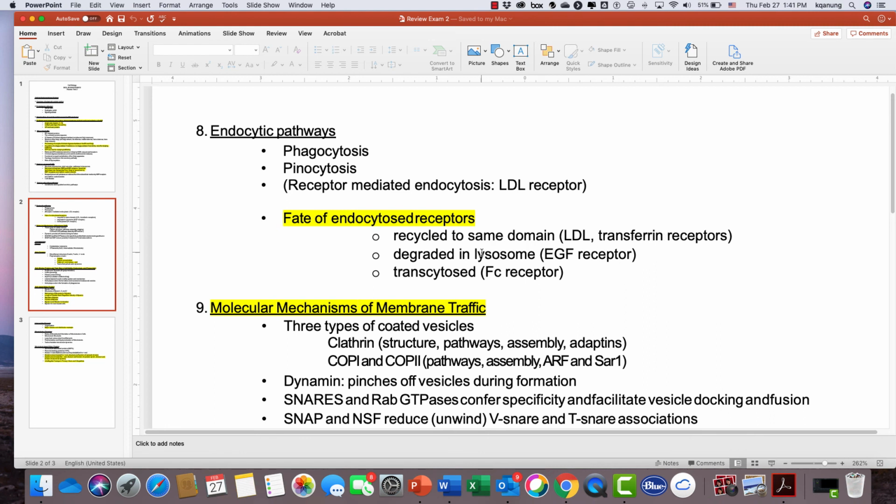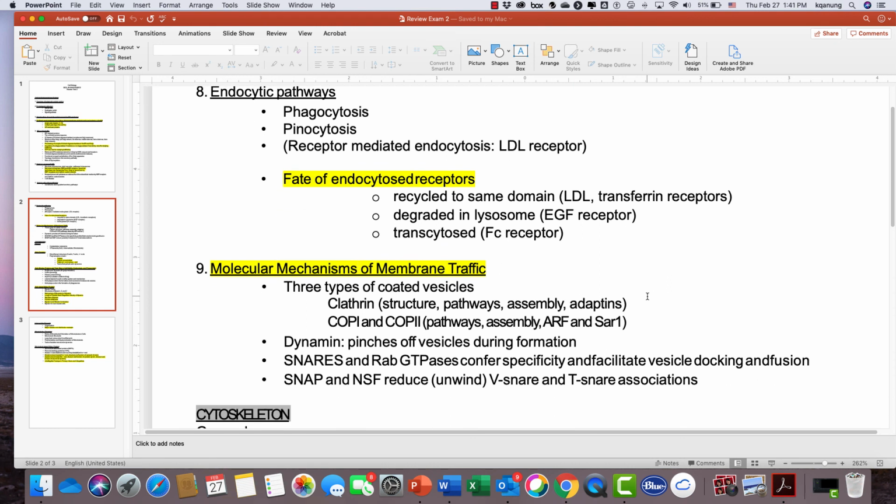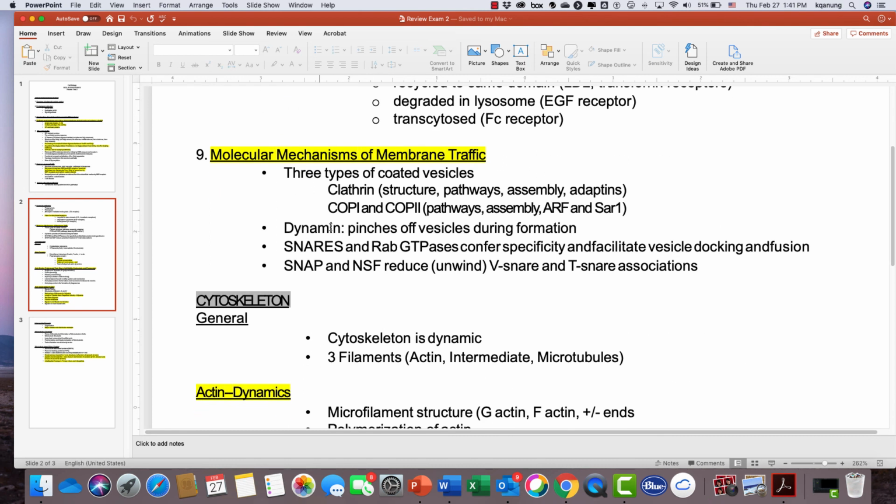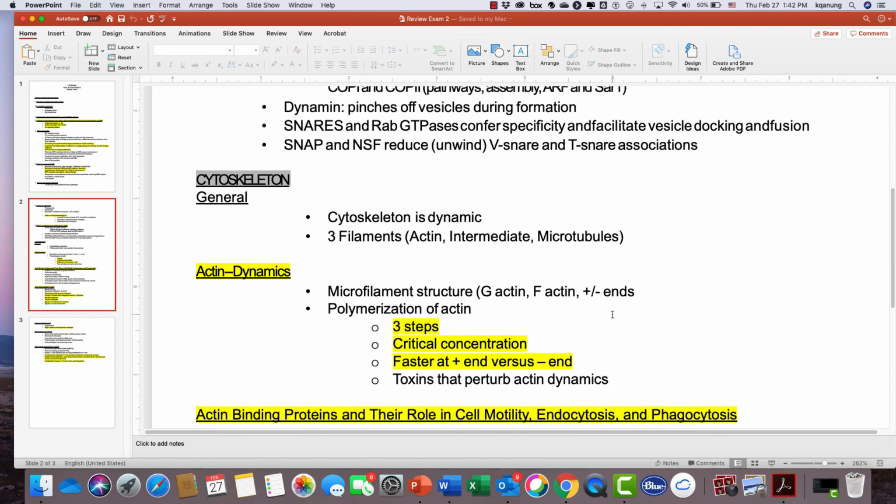EGF is destroyed, whereas transcytosis is the Fc receptor, which binds to the Fc area of the Ig's. So remember that. This is a very important part. Remember the clathrin and the COPI and COPII, the SNAREs, the Rab GTPases. This is a complex area, so make sure that you really know the step-by-step paths.